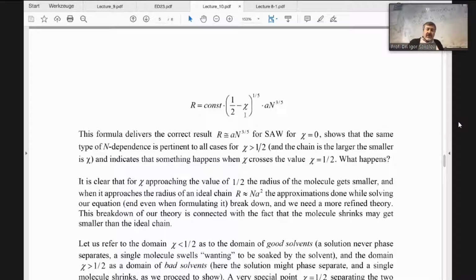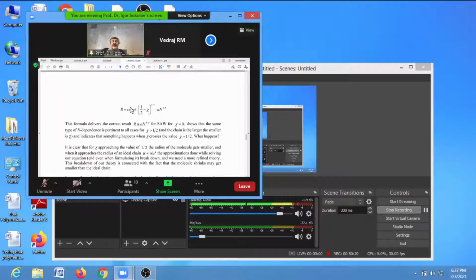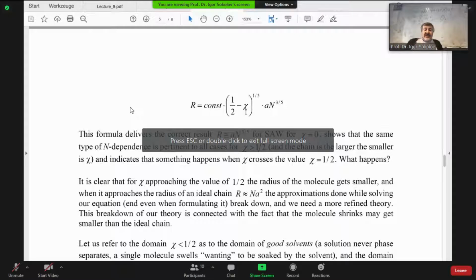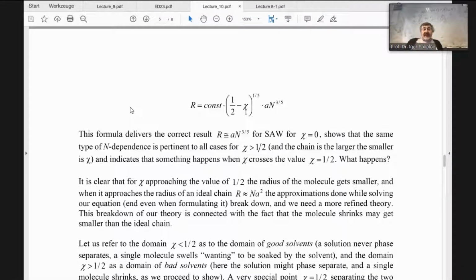And the quality of solvent, which is sitting in phi, is essentially not very important, not only for the behavior as a total, but also for the prefactor, because the dependence on this is the fifth root of 1/2 minus phi, which means if 1/2 minus phi is 10 to the power of 200, I get hardly a factor of 2 in the difference of the radii.